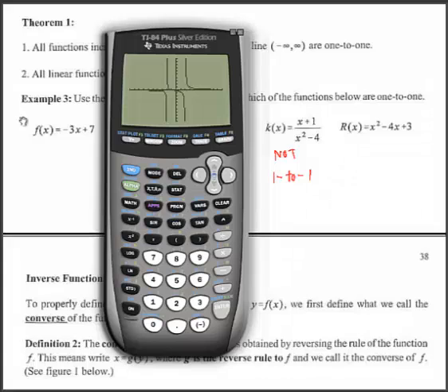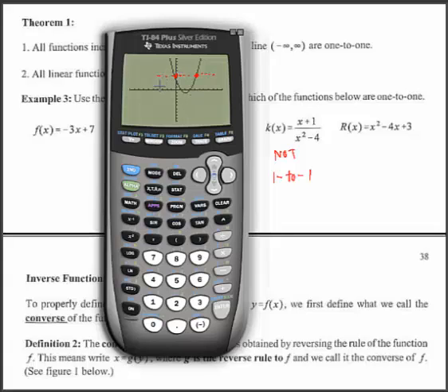And finally, we will plot this parabola here. We have x squared minus 4x plus 3. Like any other parabola, it either opens up like a U or opens downward like an N, but this curve fails the horizontal line test.